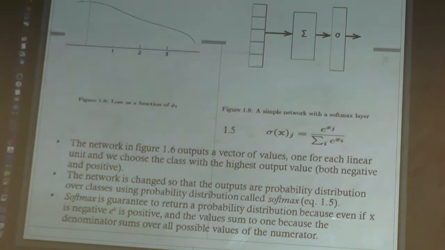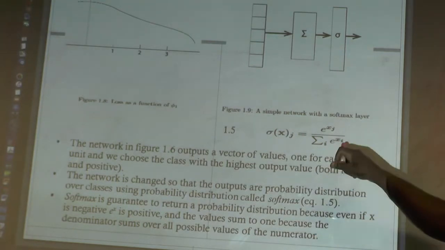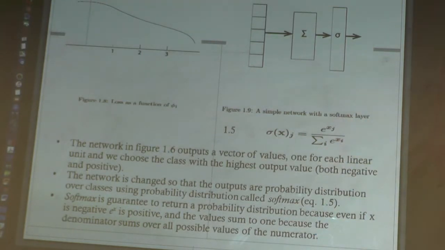It's possible we get a negative value, but that we cannot interpret. So when we pass it through the softmax, e raised to the power x will return a positive value, which will be within a probability distribution, which can be interpreted.